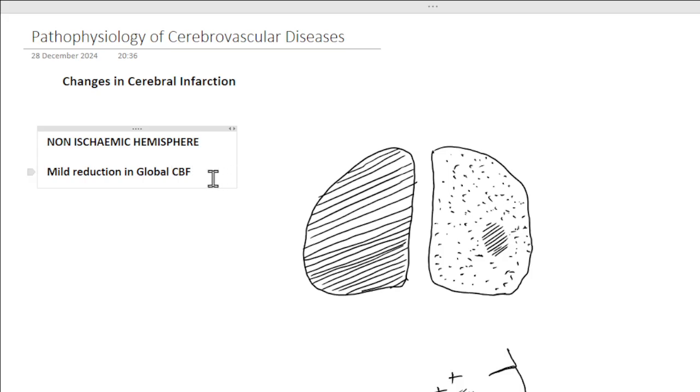There is a good question: why is there a mild reduction here as well? Of course, that will happen on both sides, because of transneuronal depression of metabolism in the normal hemisphere.